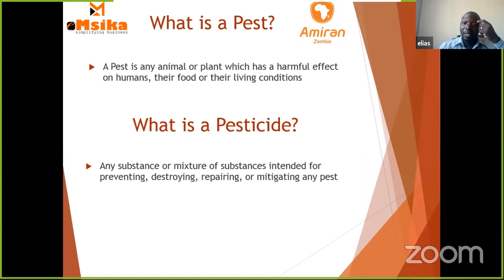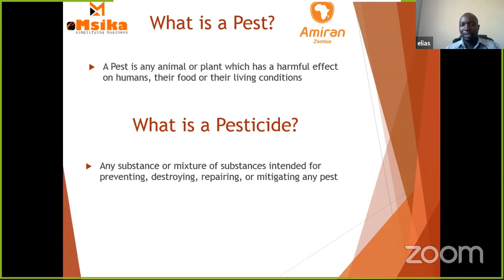So anything that tampers with the well-being of the food condition or the human being, then that thing is called a pest. So this one will take us into looking into an aspect of a pesticide.